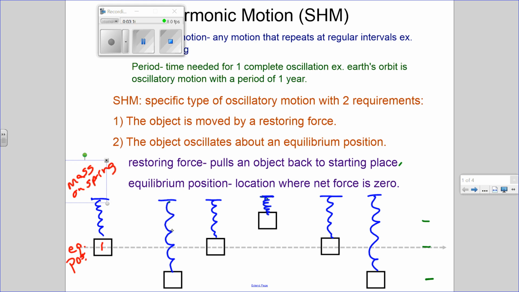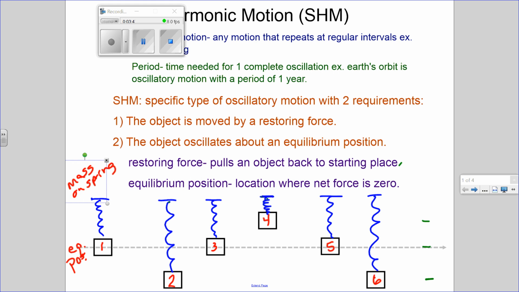And if we pull it down and stretch that spring, we have this energy added to the system to give it some maximum displacement. And when we let go, that spring will start moving, and it will move back up to the equilibrium position, and then it will keep on going and compress the spring, and then it will stretch back down to the equilibrium position, and then it will go past the equilibrium position down to this maximum displacement again.